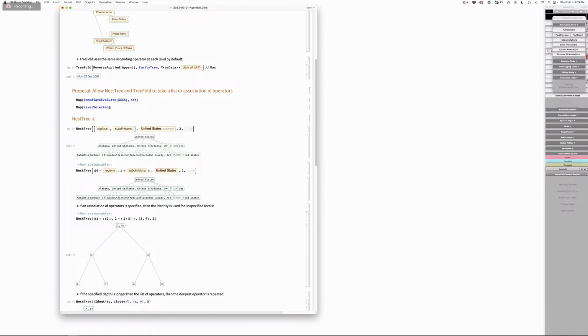TreeFold can already take a list of exactly two operators, and this suggestion would allow a list of any length. Okay, but one could imagine something like this, where you say level selected 1 or 2 goes to F, 3 or anything else goes to G. Is that crazy?